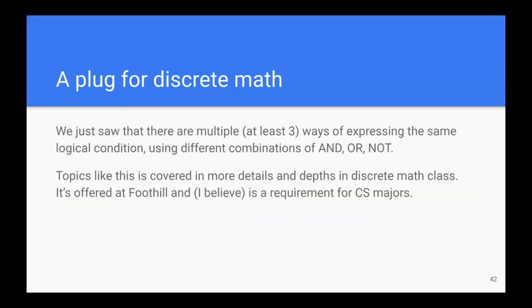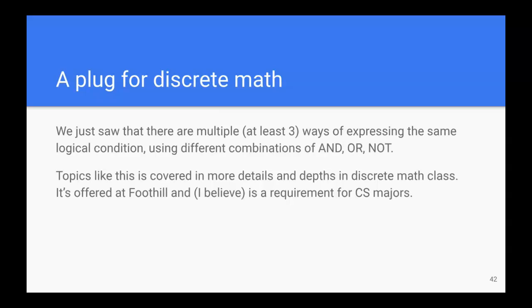This is just an aside: we just saw there are multiple ways, we saw three ways, of expressing pretty much exactly the same logical condition using a different combination of and, or, and not. Topics like this are covered in the discrete math class.